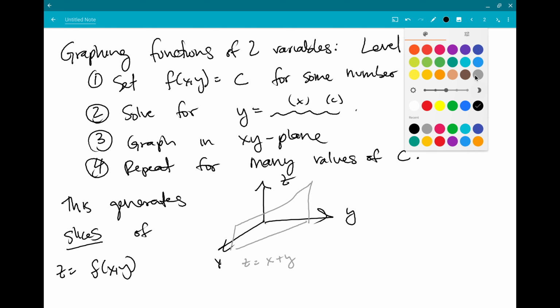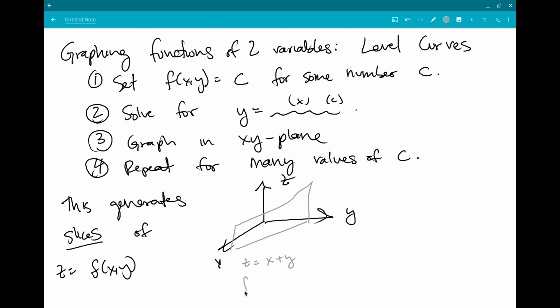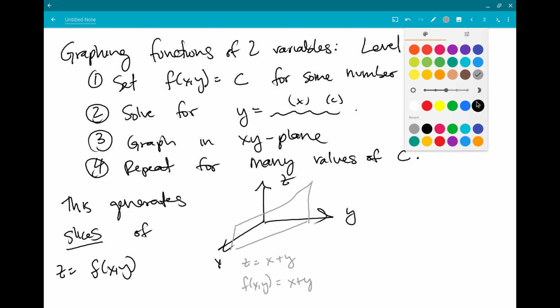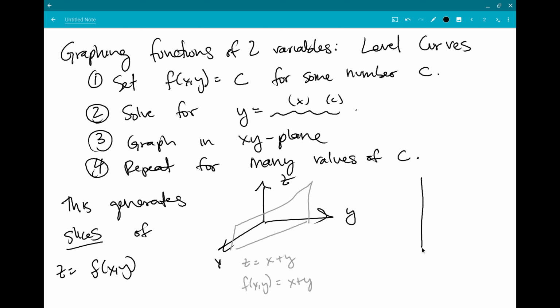Actually, let me write this down. We're thinking f of x, y equals x plus y. If I do these steps to generate my level curves, they're going to look like y equals c minus x.